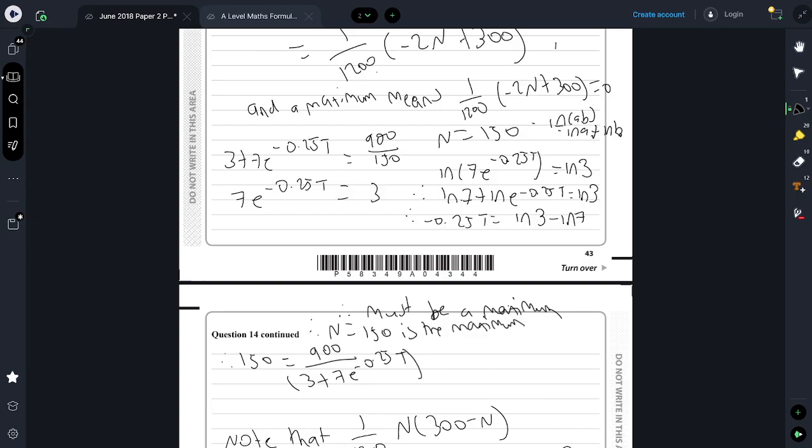And then ln e is 1, so minus 0.25t is that, so that means t is going to be minus 4 times ln 3 minus ln 7, if you divide by minus 0.25.